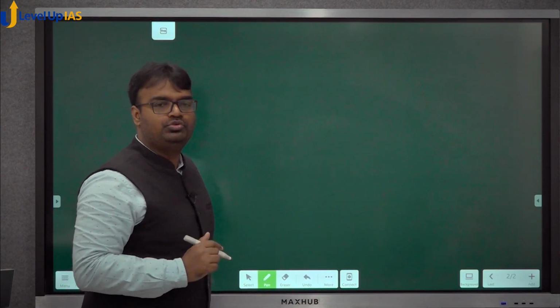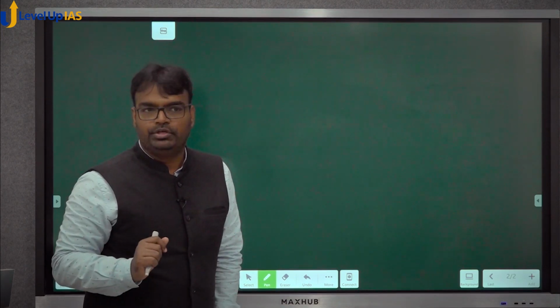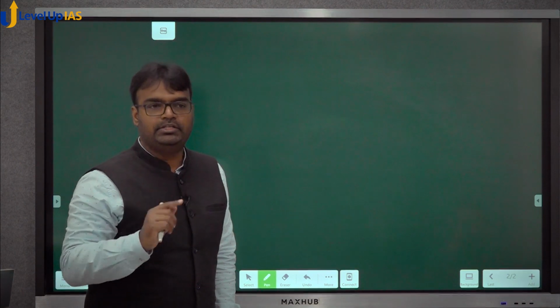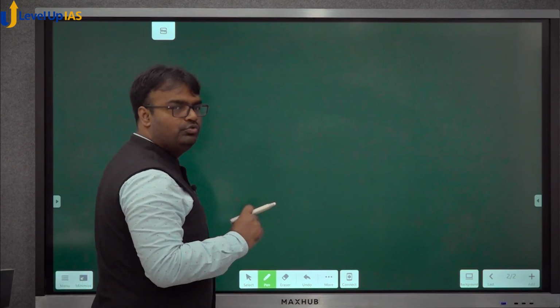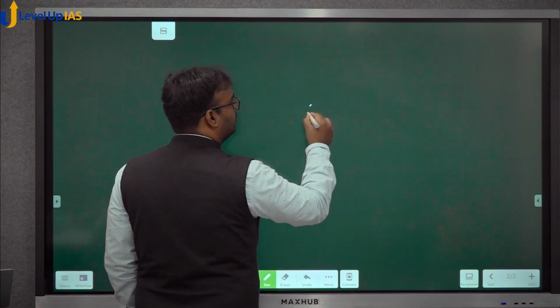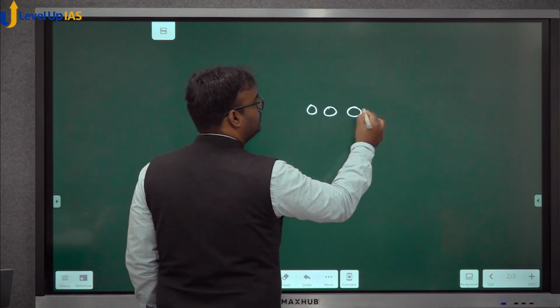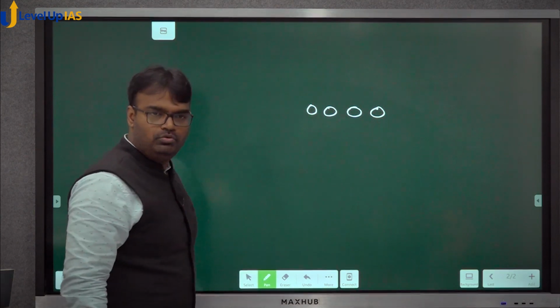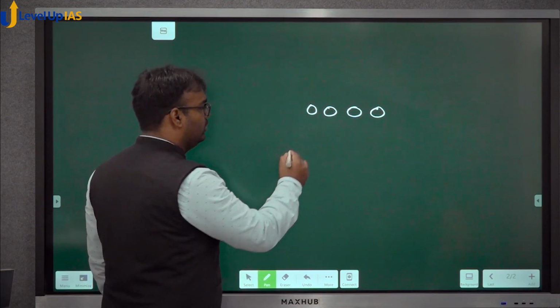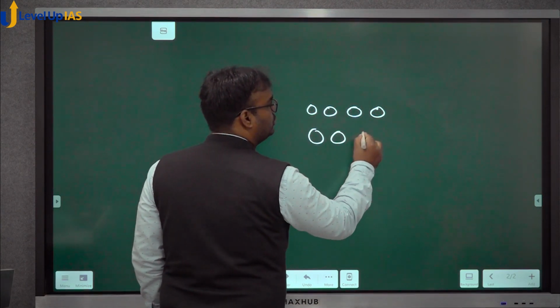Let's say you have to store 0 in a binary system where you have a 4-bit system. How will you store 0? 0, 0, 0, 0. This is how you will store 0. To store 1: 0, 0, 0, 1.